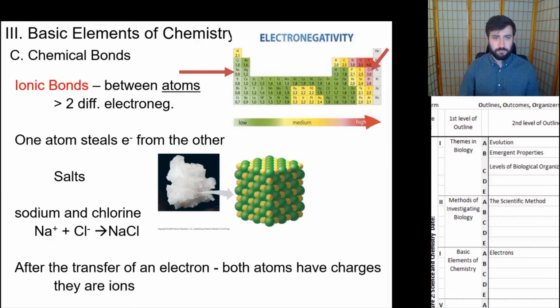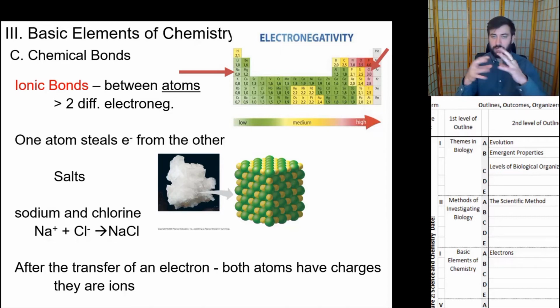So when it steals that electron, it's going to affect the charge of each atom in the molecule. Sodium, for example, loses that negatively charged electron, so it becomes positively charged. Chlorine, on the other hand, gains the negatively charged electron, so it becomes negatively charged.